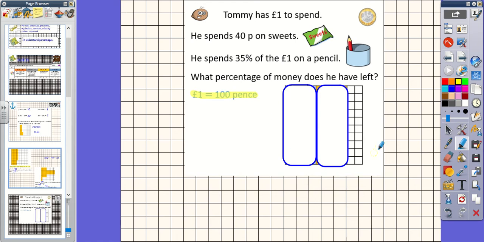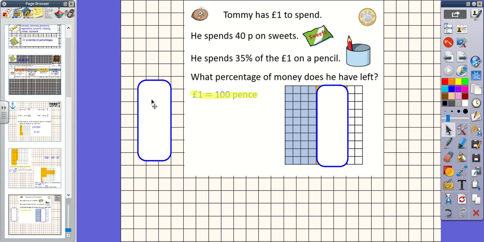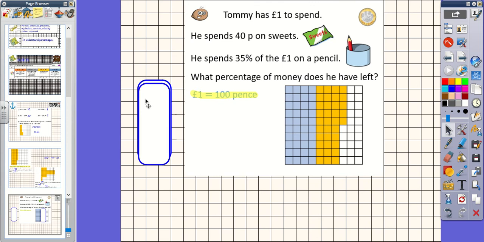So here I have got 100 square. Now, 40 parts have been shaded in here because 40 pence has already been spent on sweets. He spends 35% of the pound on a pencil. So 35% there has also been shaded in.